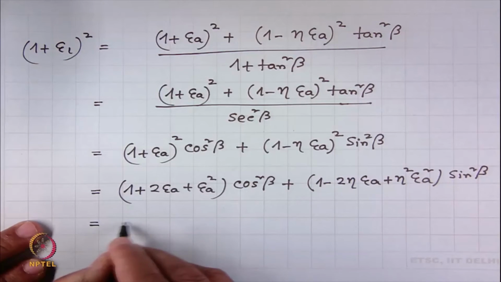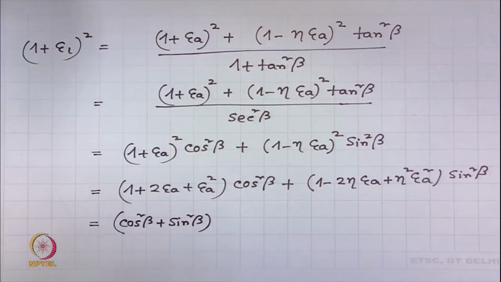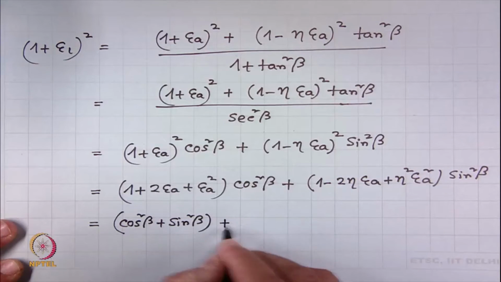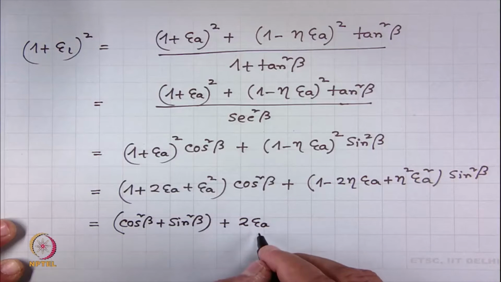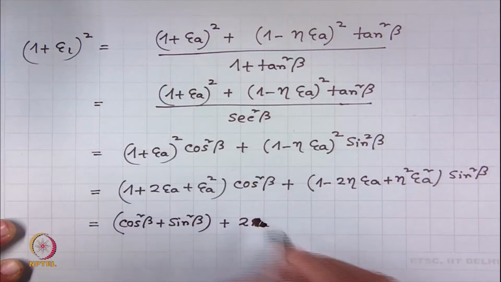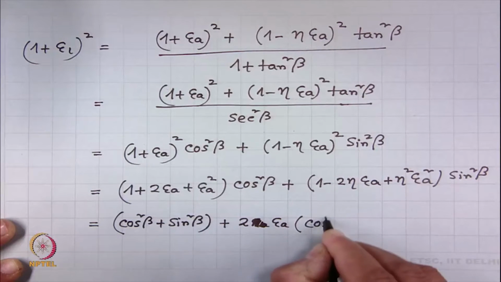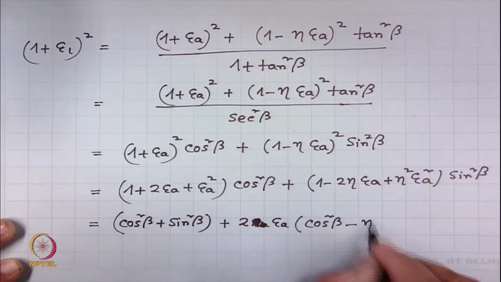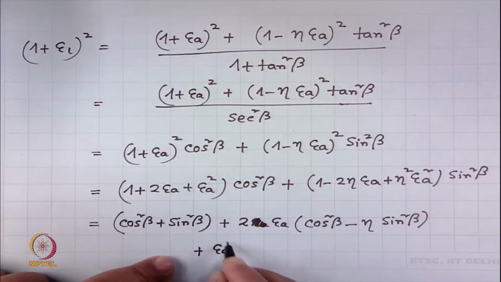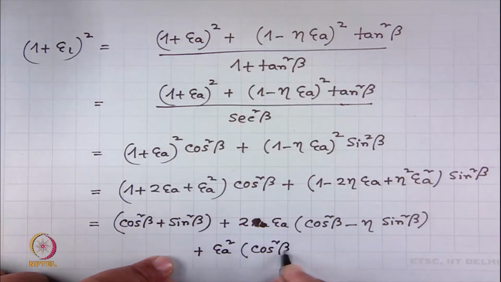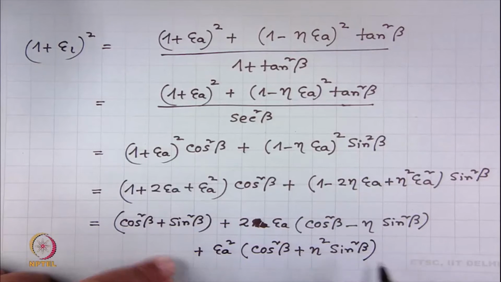Then we see that cos square beta plus sin square beta, plus 2 epsilon a times cos square beta minus eta sin square beta, plus epsilon a squared cos square beta plus eta squared sin square beta.